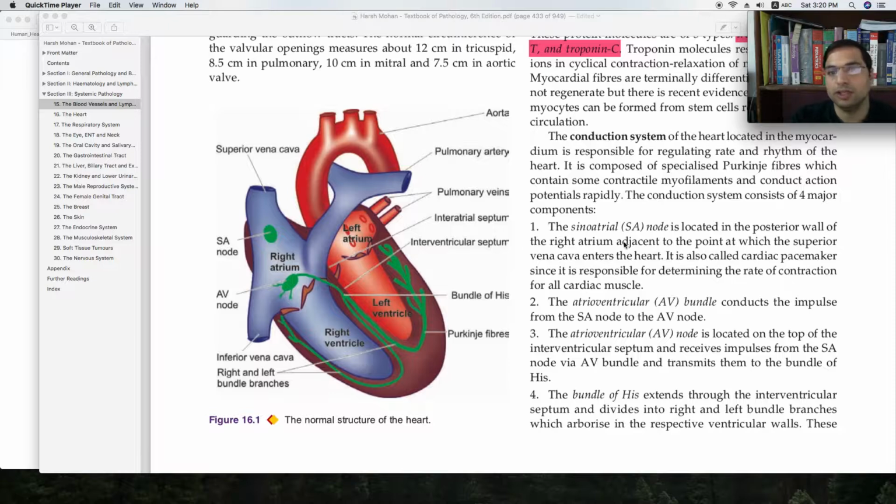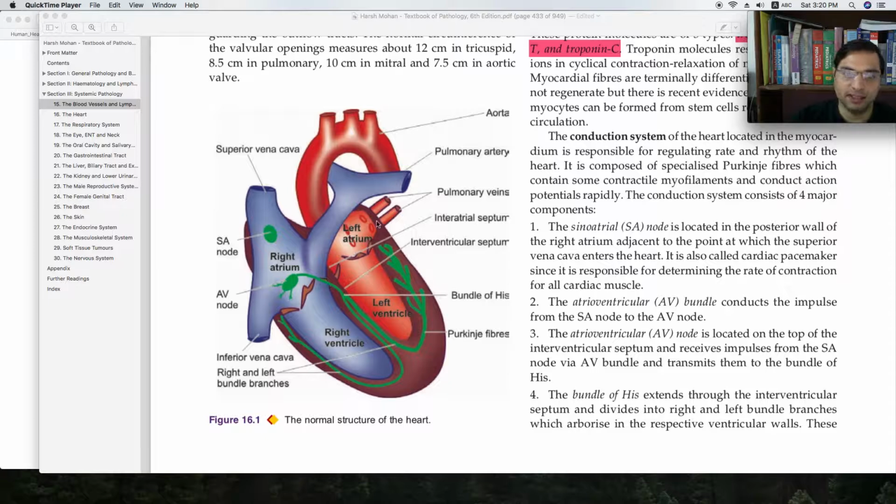So the SA node is located at the posterior wall of the right atrium, right, where the superior vena cava enters the heart. The heart is also divided into many planes. One we have already discussed: the superior, where the atria lie, and the inferior, where the ventricles lie.